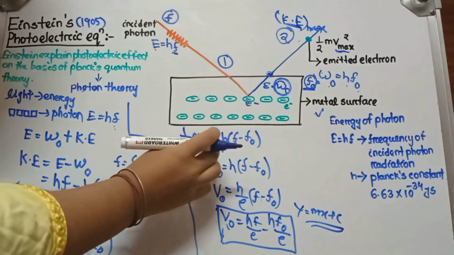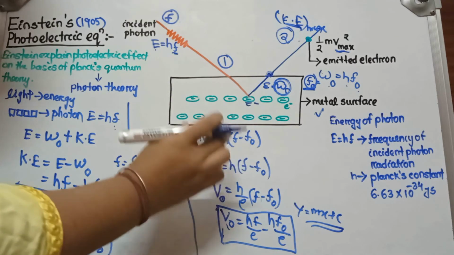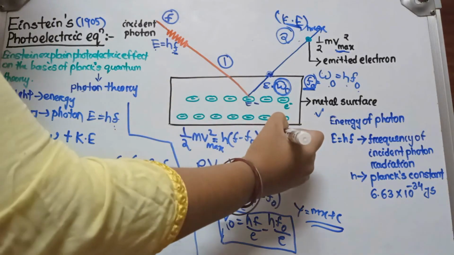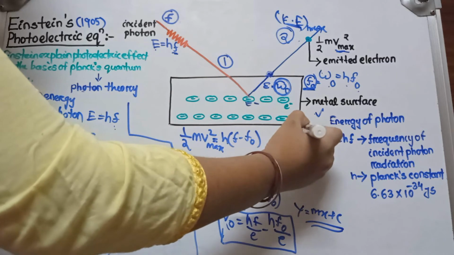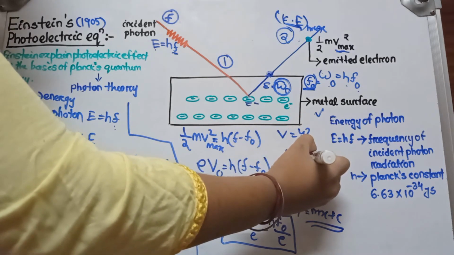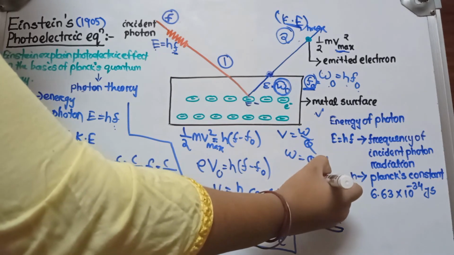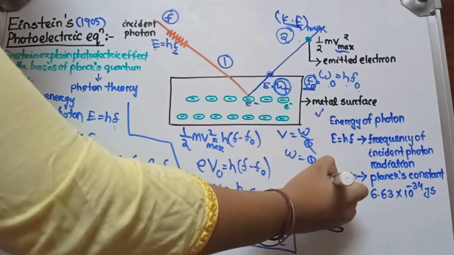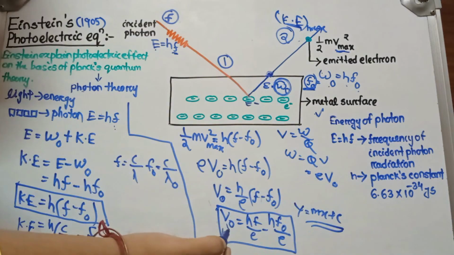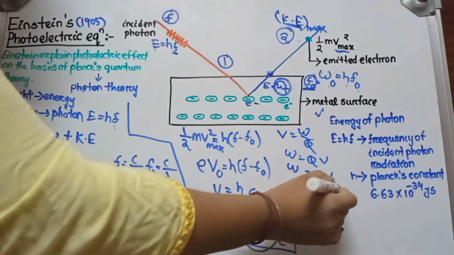First, let us discuss how half mv squared equals eV0. We know that potential equals work by charge, so work equals charge into potential. Here the charge is the charge of the electron and the potential is the stopping potential V0. So work equals eV0.